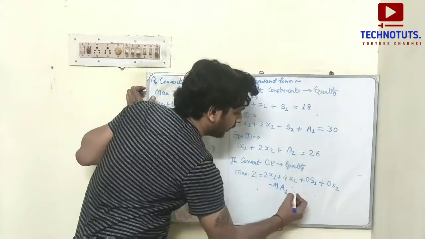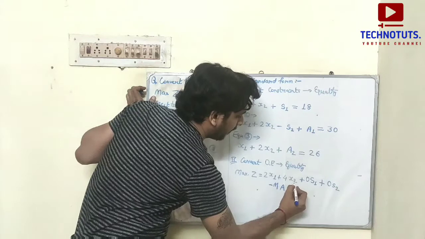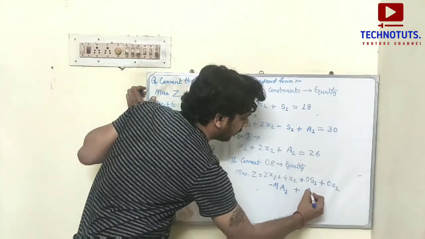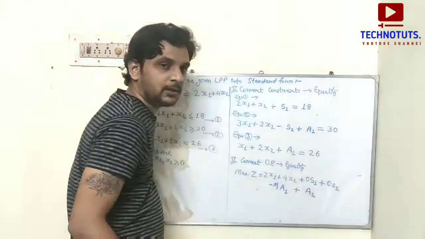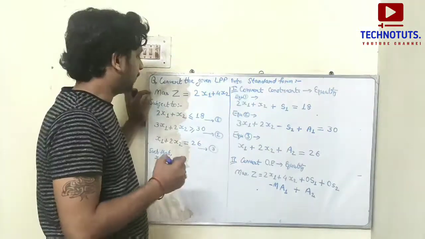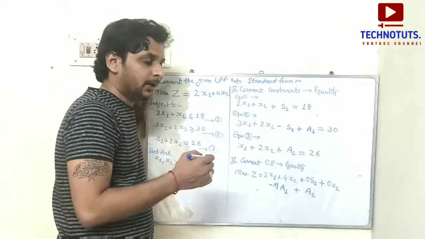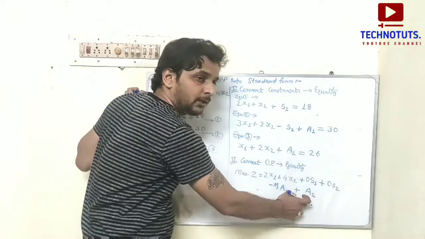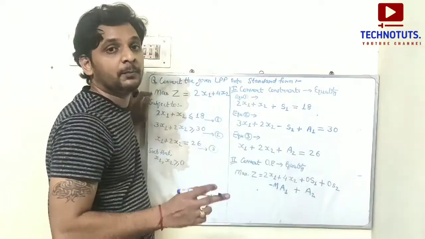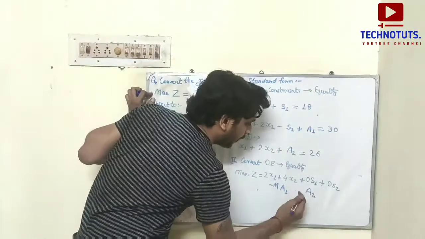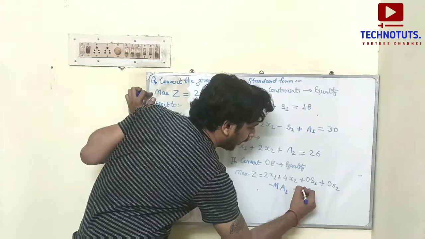Then again we will add the artificial variable a to this objective function. Since this is a maximization problem, the coefficient of the artificial variable a is minus M. Then it will become minus M a2.